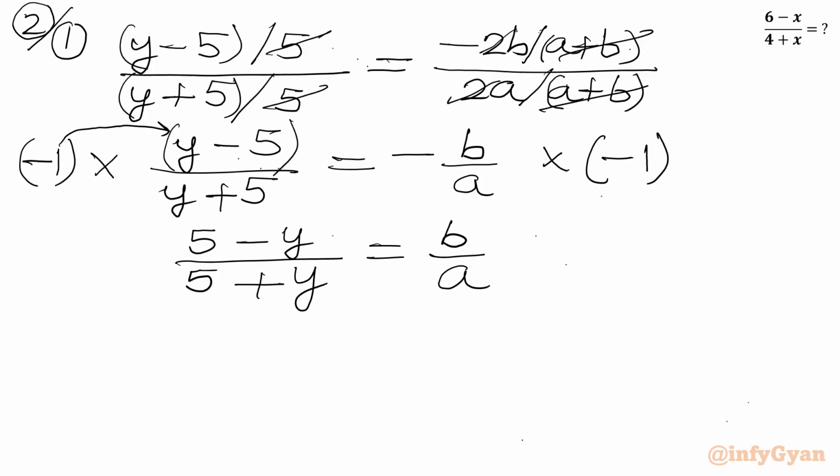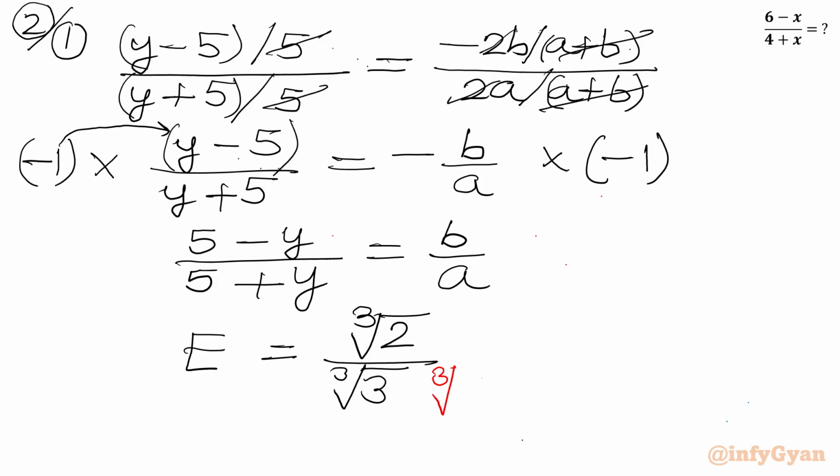Now b was cube root 2, a was cube root 3, and left hand side is our required expression E. Now we will rationalize our denominator, and I can multiply by cube root 9 in the numerator and in the denominator.